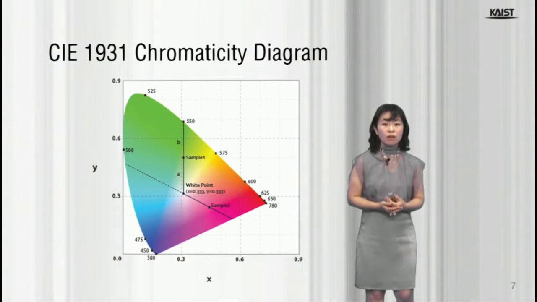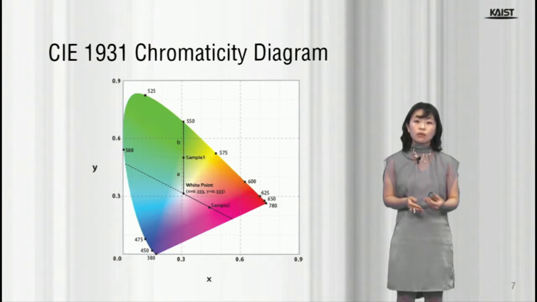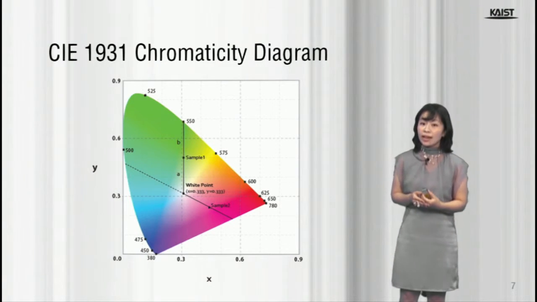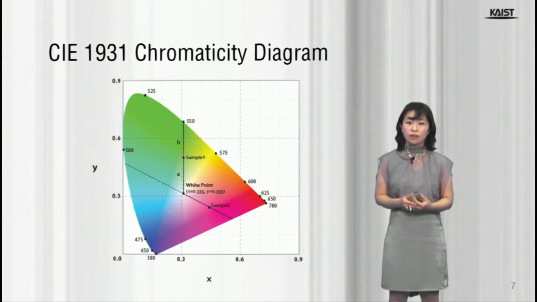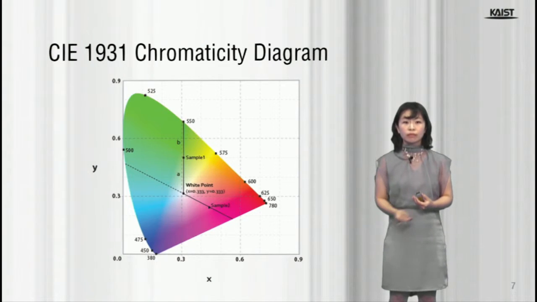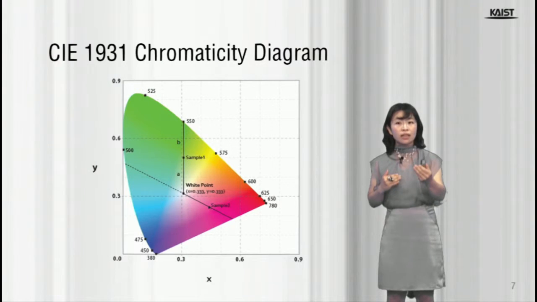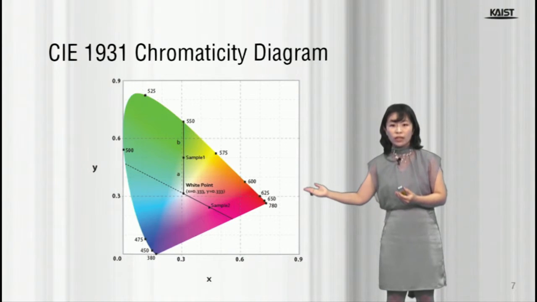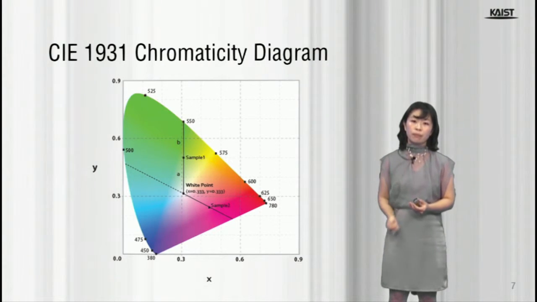In the chromaticity diagram, the color properties are basically defined in terms of x and y coordinates. The second way is referring to the dominant wavelength and the purity. For example, the color sample 1 has the dominant wavelength of 550 nanometers. You can find the dominant wavelength by extending the connection line between the white point and the sample position toward the border of a chromaticity diagram.